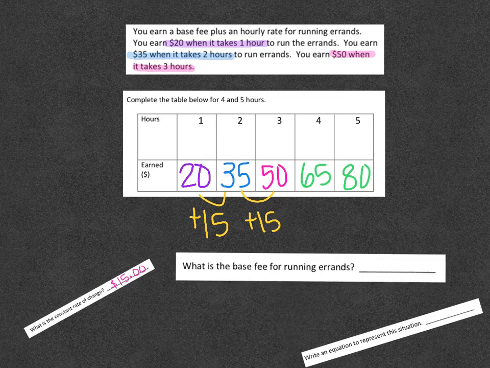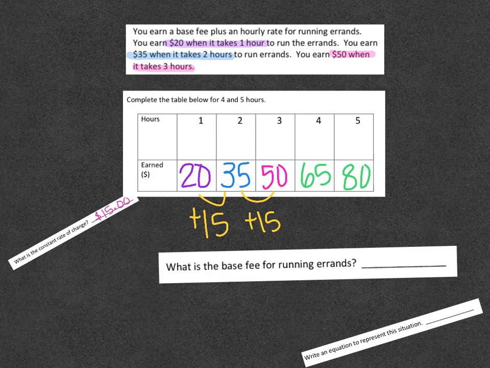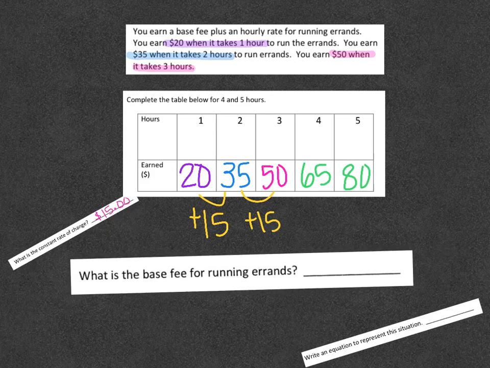Next question. What is the base fee for running errands? If we think about this like the previous slide with those questions, if you look in the table, it says 1 hour you got $20, but really you're only supposed to get 15.